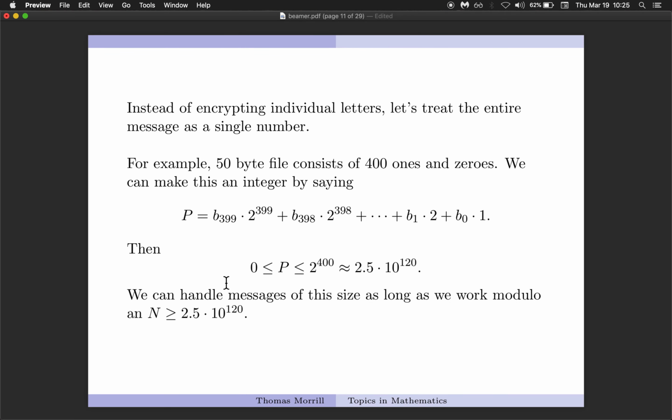Now, you might have some issues. I have skipped a couple holes that I need to fill in now. I only know this exponent law for certain integers. I claimed that I can say the plain text to the power phi of n is 1, but that only actually works if p and n are relatively prime.